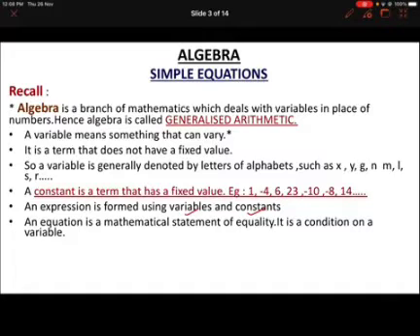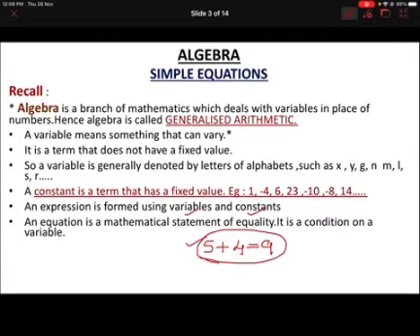What we mean by that is, suppose I write 5 plus 4 equals 9. Then this becomes a mathematical statement. I am stating that 5 plus 4 equals 9, which is true. Is it not? So this mathematical statement of equality, why do we say equality?